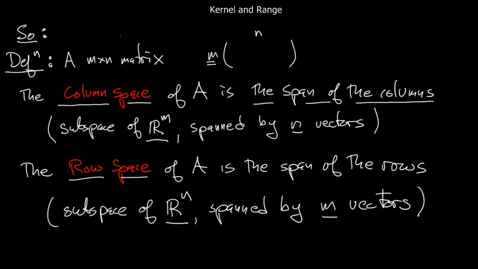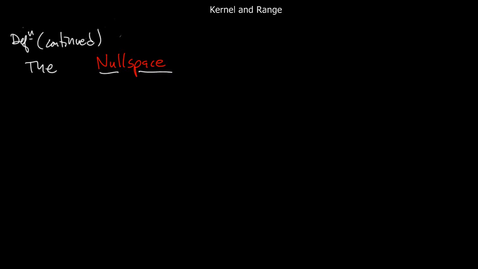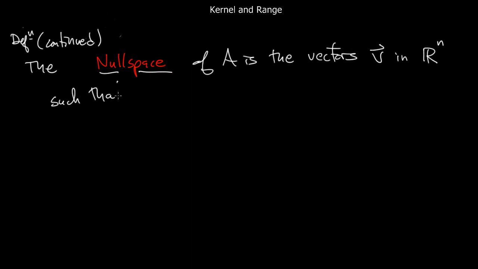All right. Now, continuing the definition, the null space of A is the set of vectors v in Rn such that when you multiply them on the left by A, you get Av equal to 0.